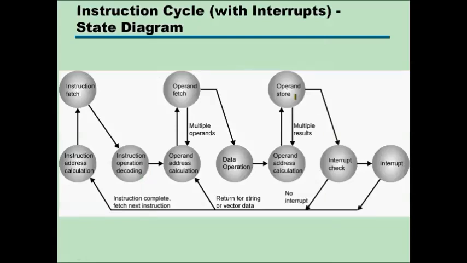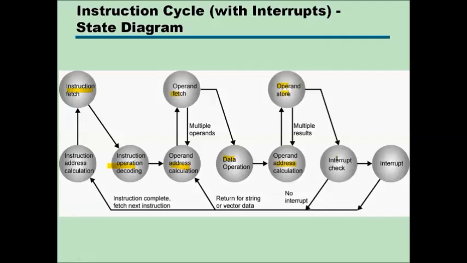Okay, so next is the instruction cycle with interrupts state diagram. So you have here the instruction fetch. Okay, we're going to start here, and then operation decoding. Next is operand address calculation, operand fetch, data operation, operand address calculation, operand store.